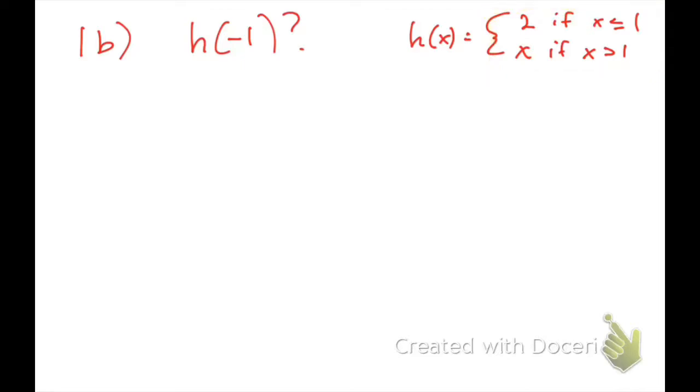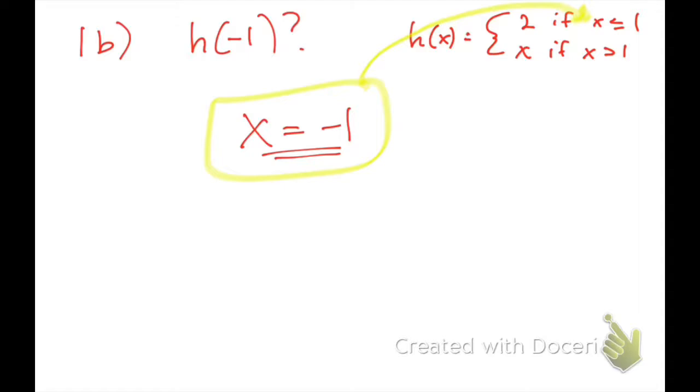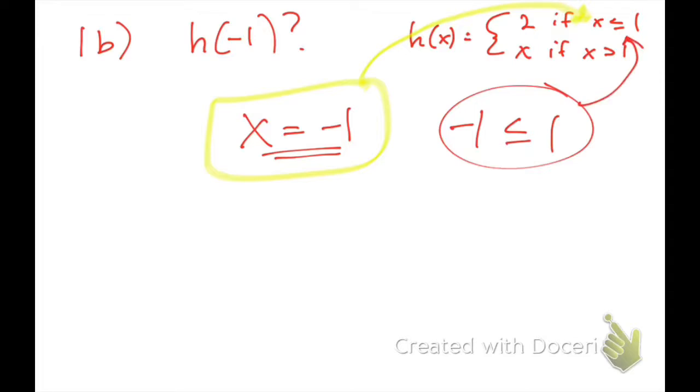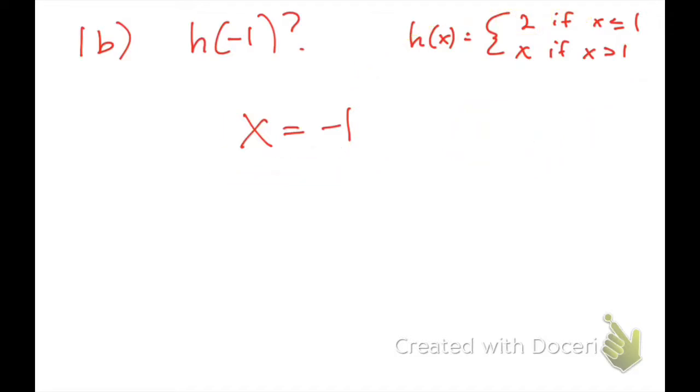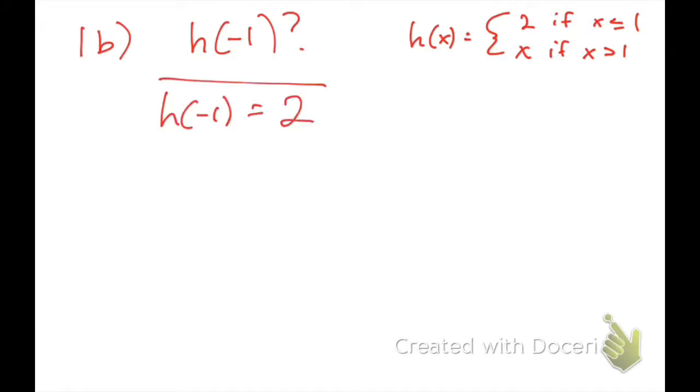Negative 1 is my x value, so I'm saying x is equal to negative 1. Does that fall into this equation, or does it fall into this equation? Since negative 1 is less than or equal to 1, that satisfies that condition, so I'd be using this equation. My solution here is h of negative 1 equals 2.